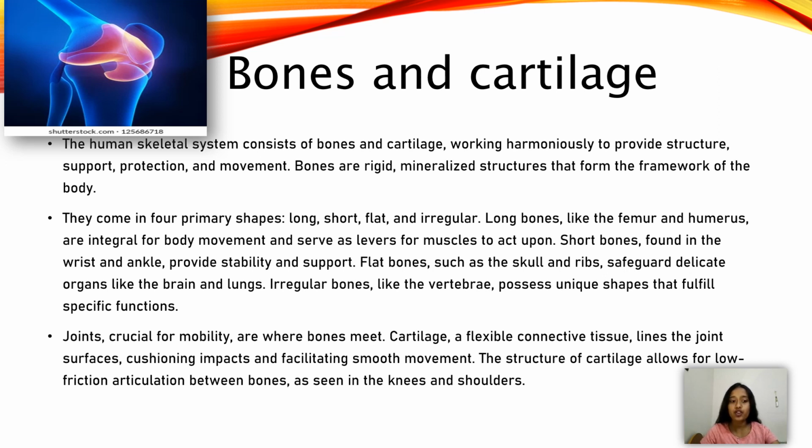It is a cushion-like structure that provides frictionless movement between the bones. There are three types of cartilage, namely hyaline cartilage, fibrous cartilage, and elastic cartilage. Basically, the bones and cartilage provide the structural framework for our body.